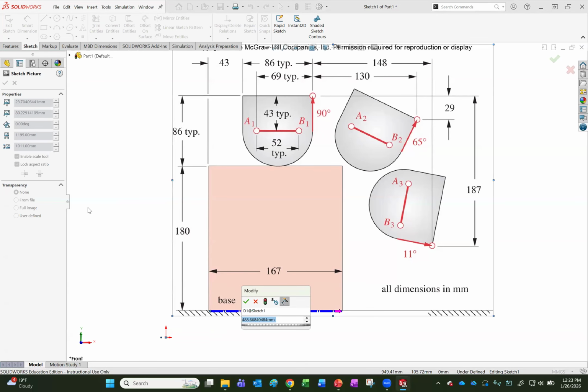I was able to get that one pretty easily, but I'm not going to require you to make it scaled, especially not during the exam.